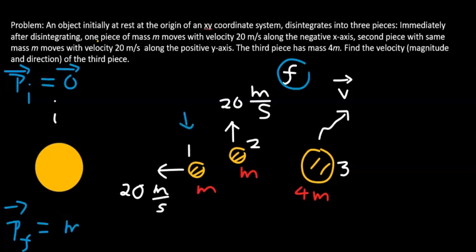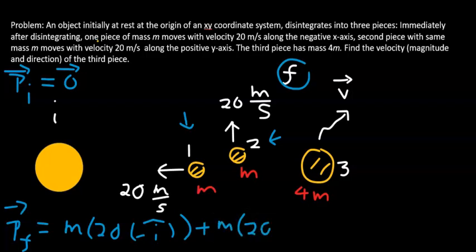We know the mass is m, and the velocity is 20 meters per second to the left, so it's minus 20 i hat. To that, you have to add the momentum of the second piece, the mass of which is also m. The velocity is 20 meters per second in a positive y-axis direction, so that means it's 20 j hat. That's represented by that arrow.